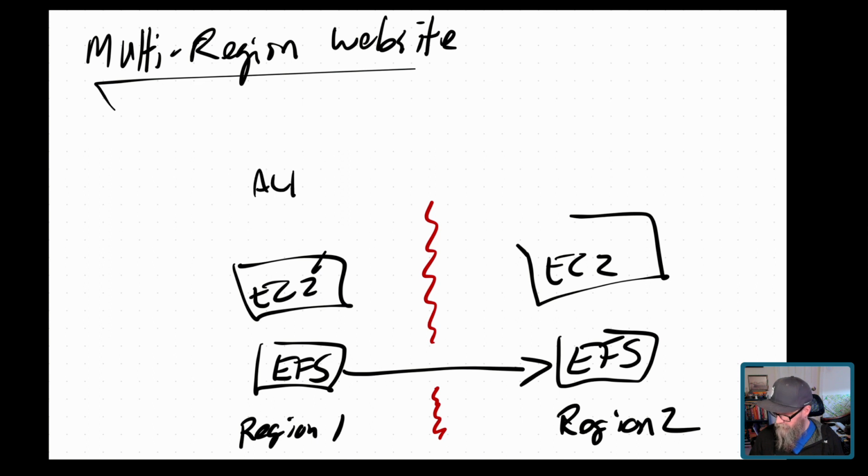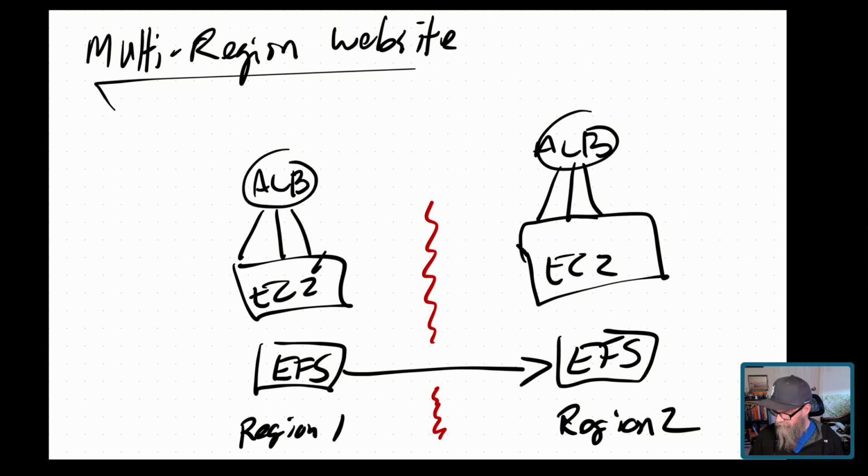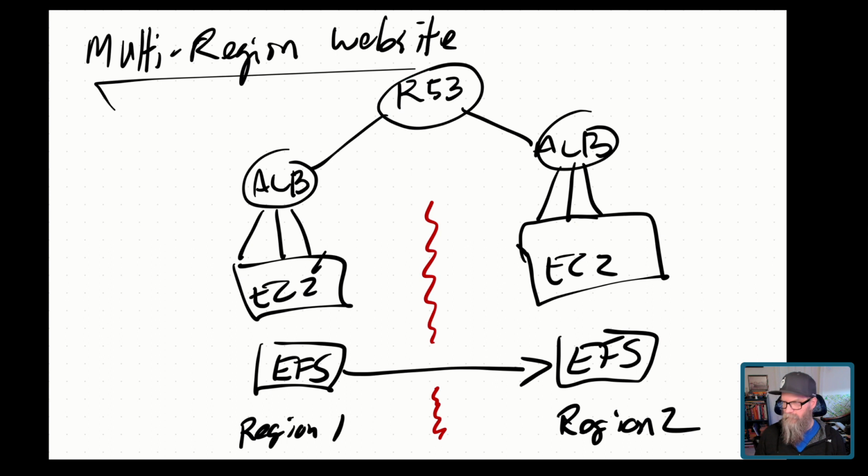So we'll have a load balancer here, which would be evenly distributing the workload in region A. And then we would have the same over here. And then my thought is we have Route 53 that is then deciding which environment to send this to.